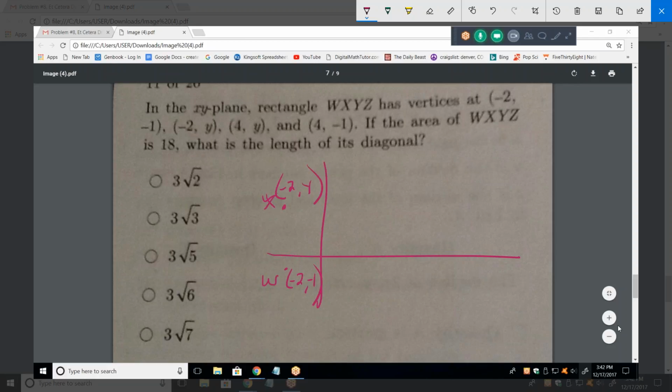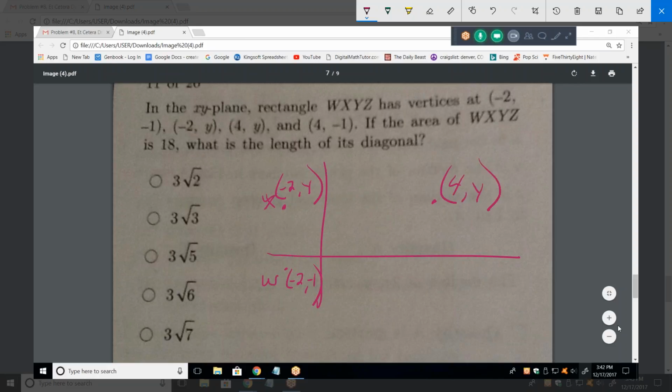And you can immediately tell that one dimension of this rectangle is y plus 1. Correct. Not sure that helps at the moment. Okay, the other dimension is 4y, which is right there. Now we know what we're going to be looking at here.